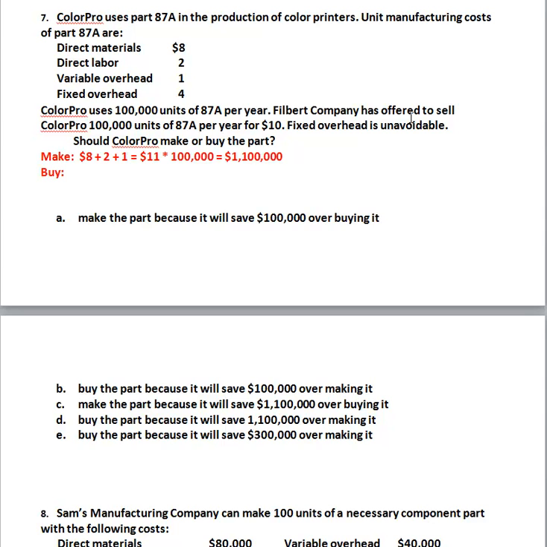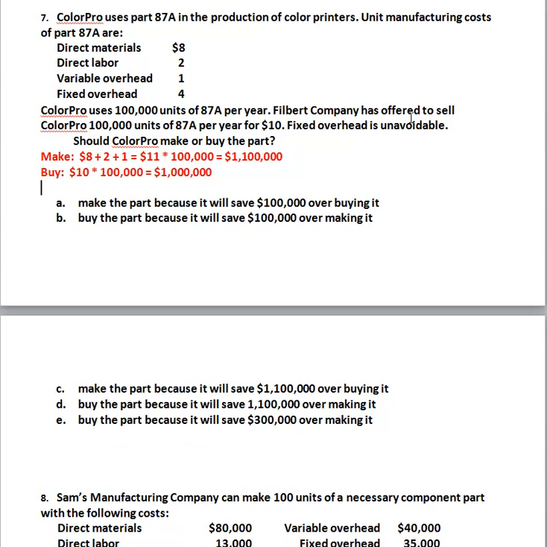The relevant cost to buy it is you're going to pay $10 a unit. You're going to have to purchase 100,000 units. So your relevant cost to buy is $1 million. So obviously you want to do whatever is going to be the least expensive. So you want to buy the part because it's going to save you $100,000. So your answer here is B.